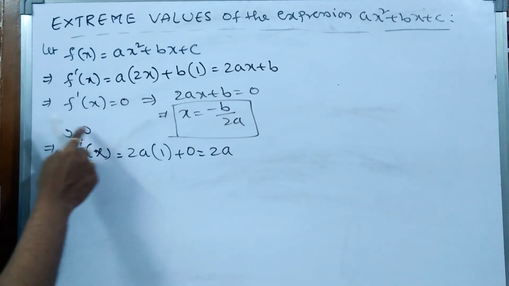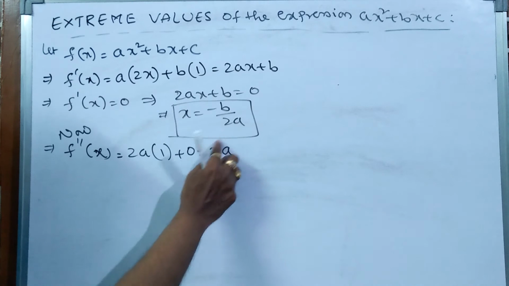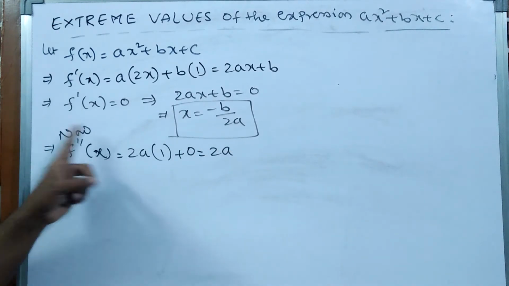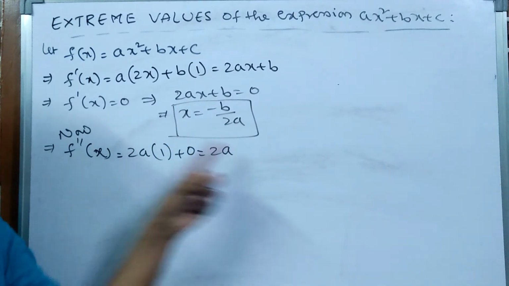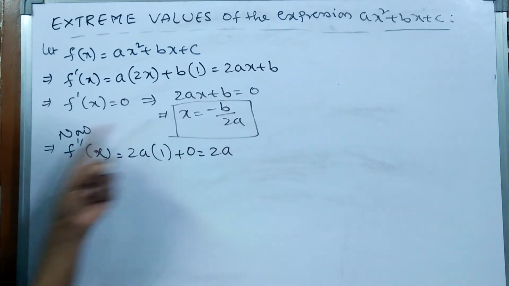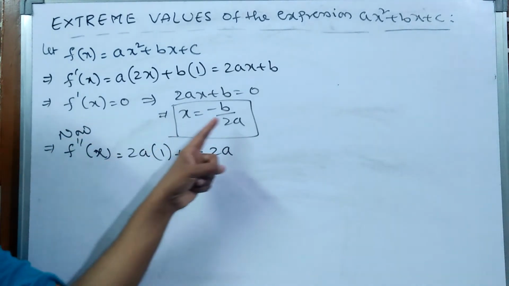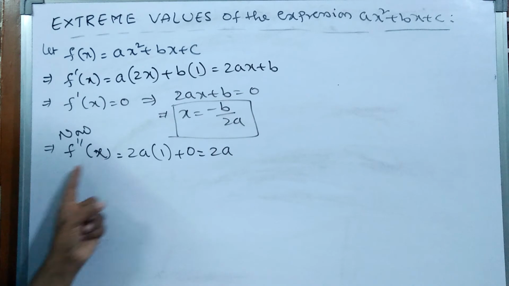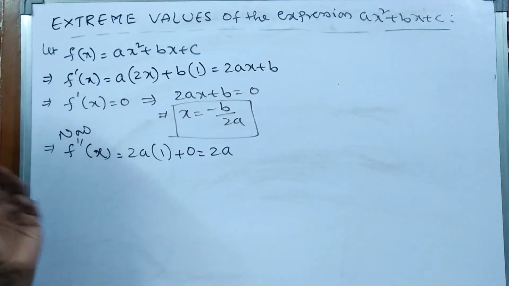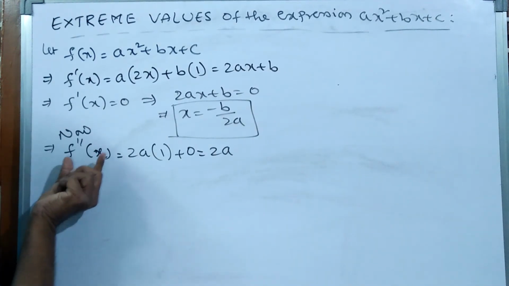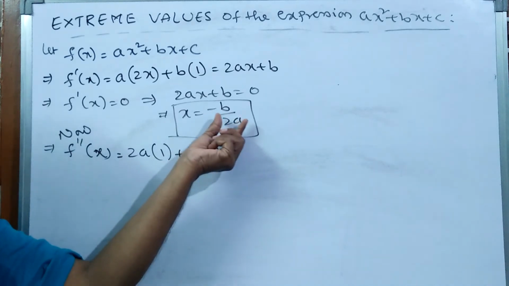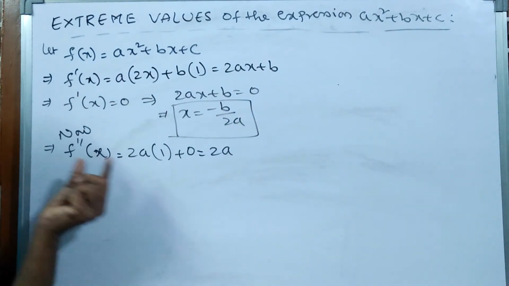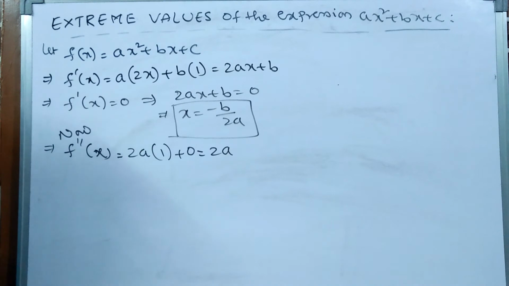That means the sign of f''(x) depends upon a. If a is positive, f''(x) is also positive. If a is negative, f''(x) is also negative. We already know that if f''(x) is greater than 0, it will have a minimum value, and if f''(x) is less than 0, it will have a maximum value.